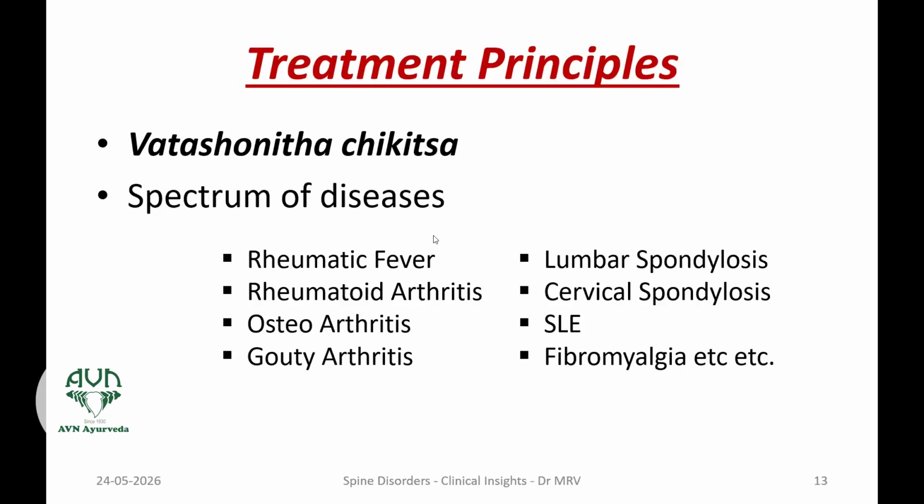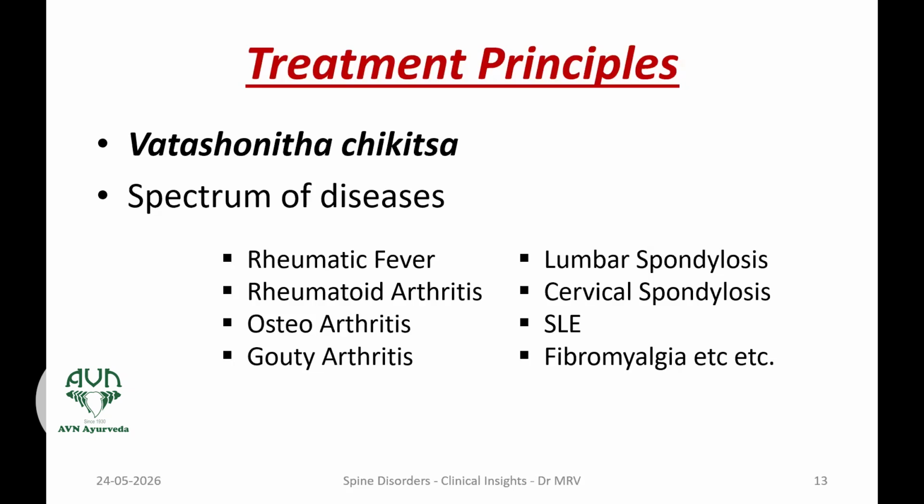I think I can narrate some 17 to 18 diseases which come under this Vata Shonita spectrum. Hence, all these diseases can be managed with the Vata Shonita line of management.